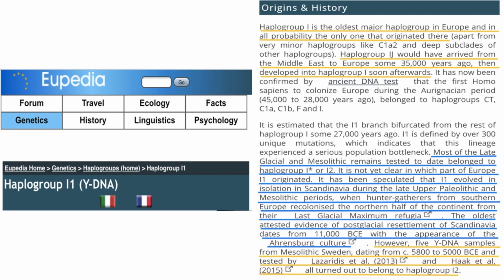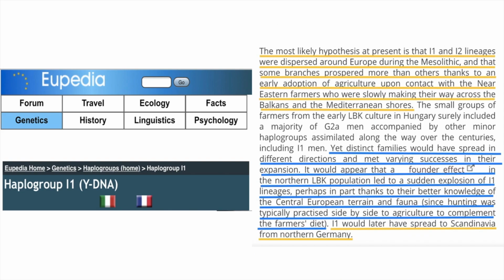However, 5 Y-DNA samples from Mesolithic Sweden dating from 5,800 to 5,000 BCE and tested by Lazaridis in 2013 and Hayek in 2015 all turned out to belong to haplogroup I2.